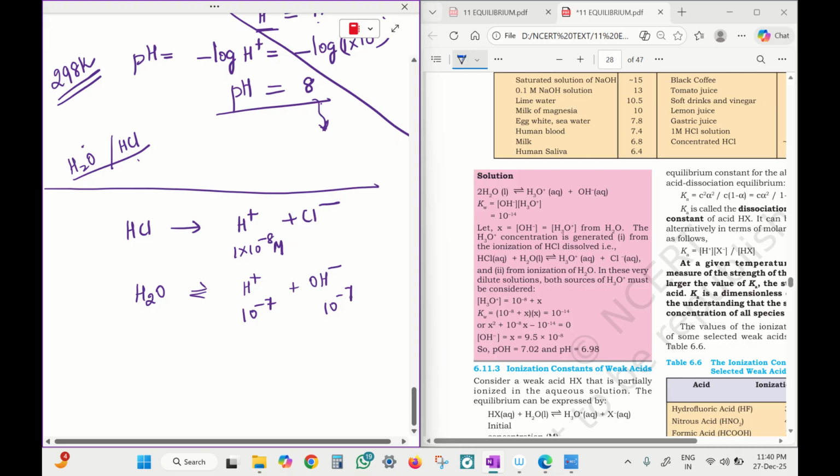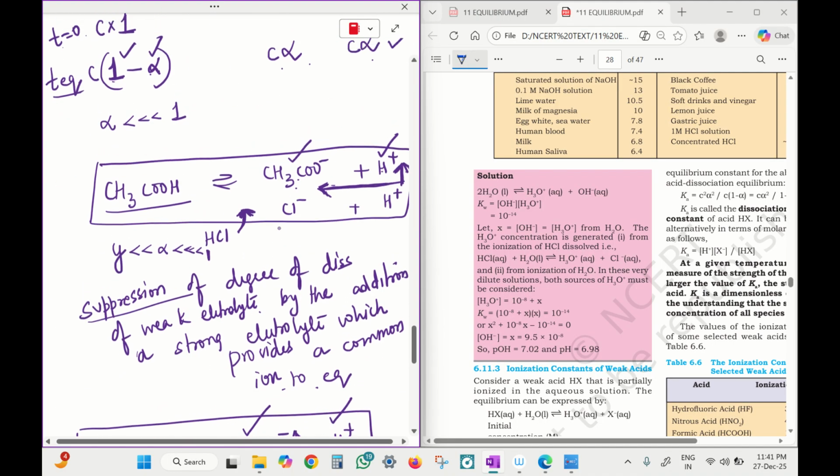OH minus is also 10 to the power minus 7. Now, the H plus coming from the water is more than the H plus coming from the acid, right? So when the H plus coming from the water is more, it cannot be ignored against 10 to the power minus 8.